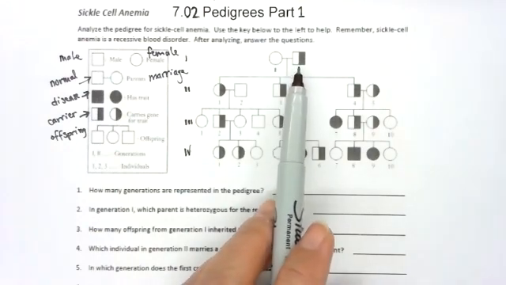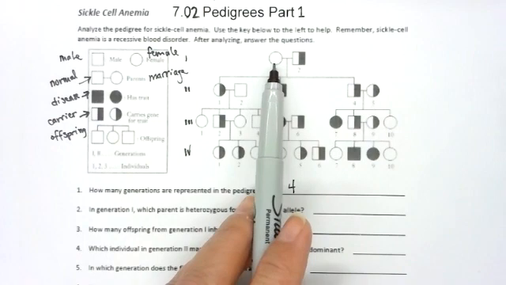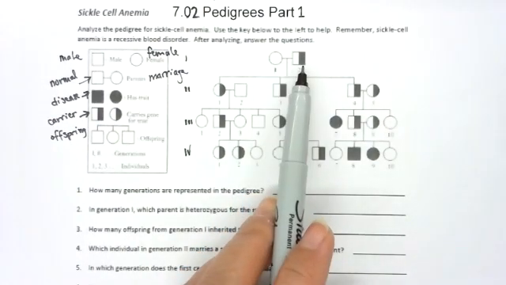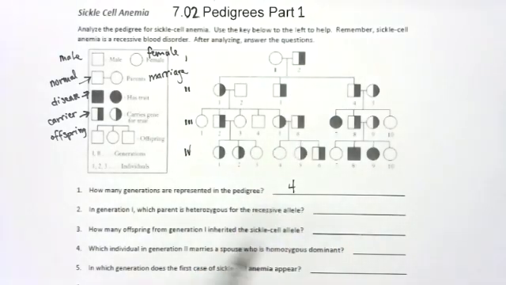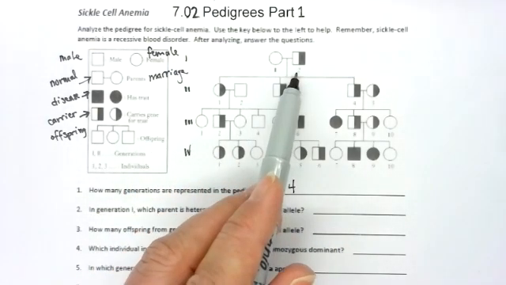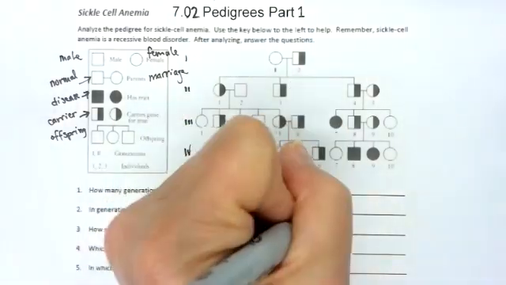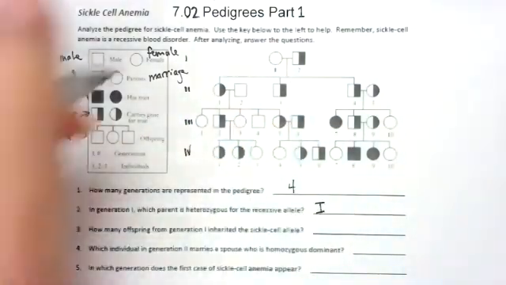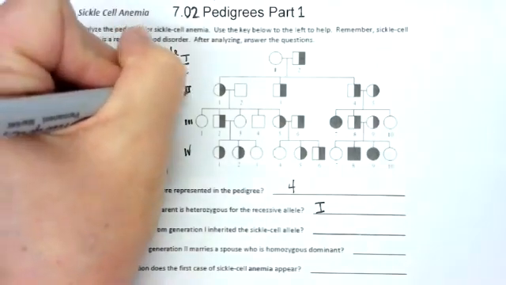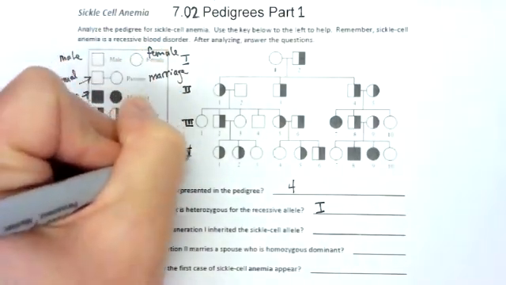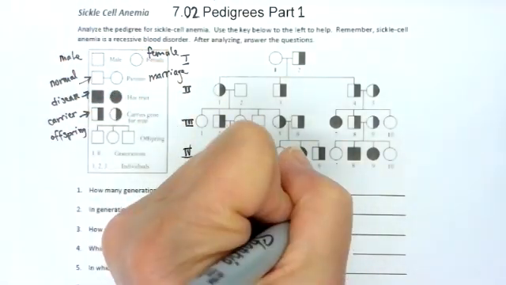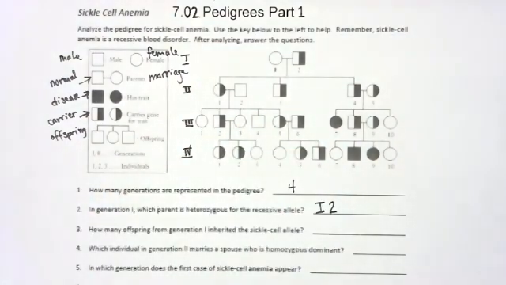If you're a carrier, that means you carry a copy of the disease gene. This female has 2 normal copies, and the father is a carrier. So that would be generation Roman numeral I, individual 2. These are Roman numerals, by the way. That's how we would answer that question.